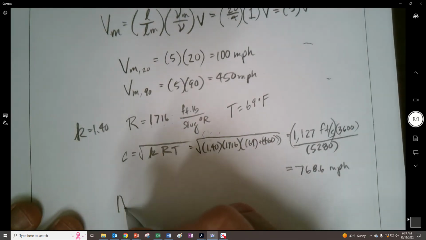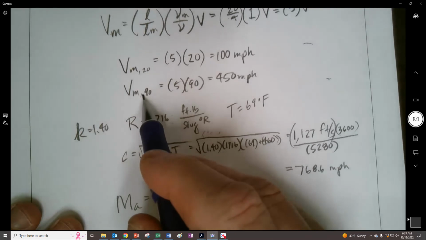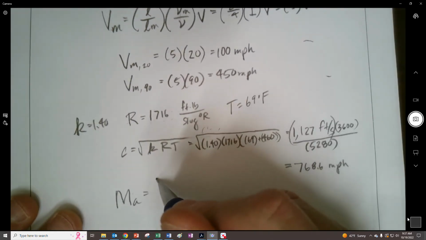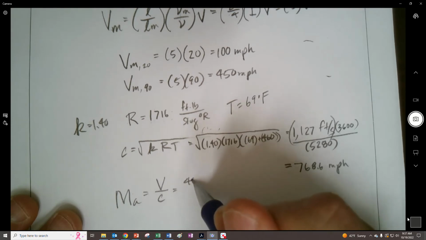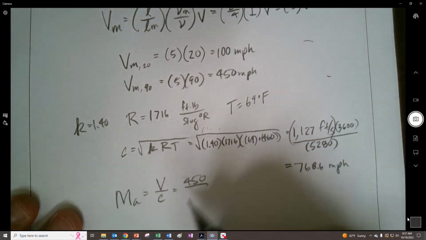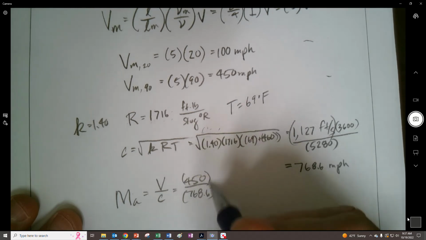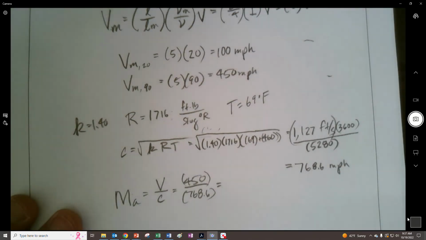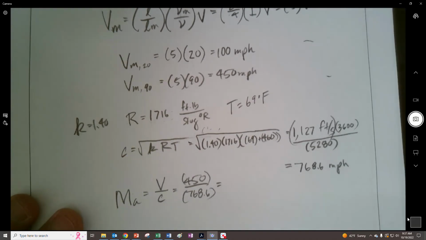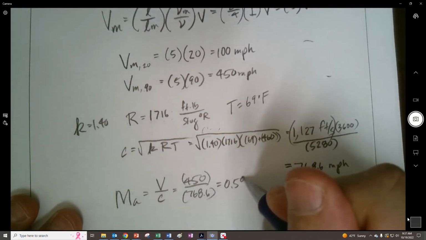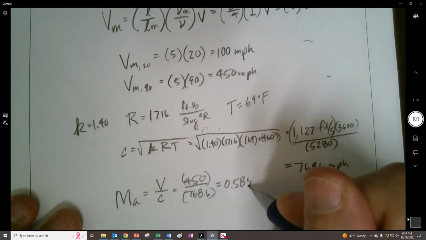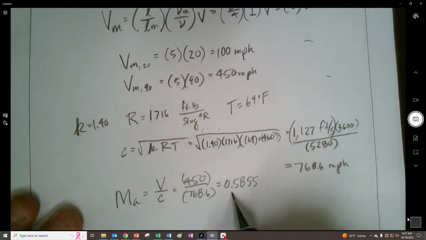So let's see what the Mach number is for this wind tunnel test. You take V over C, and 450 divided by 768.6. And I get 0.5855, right?